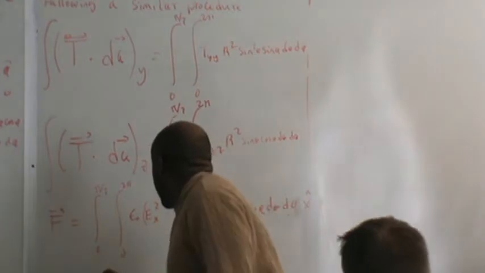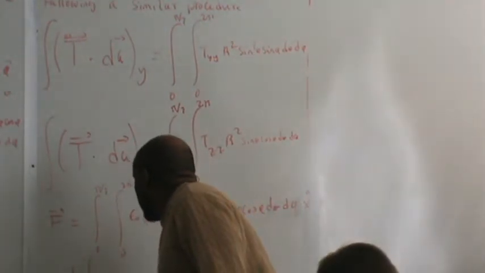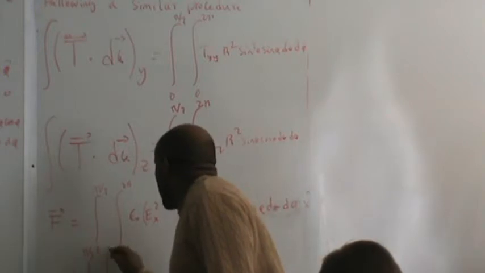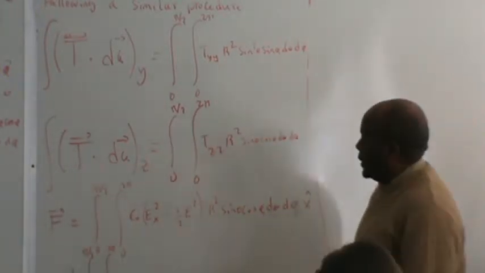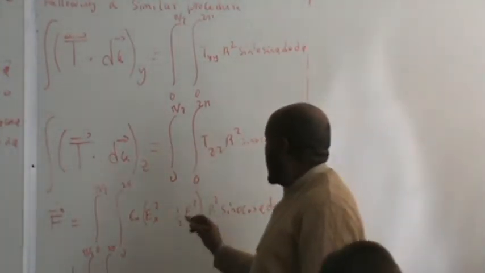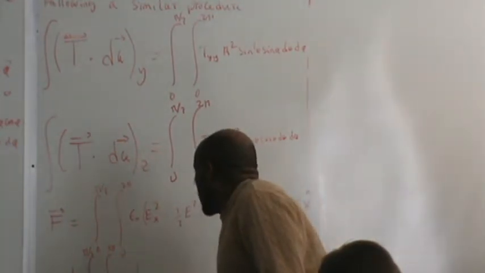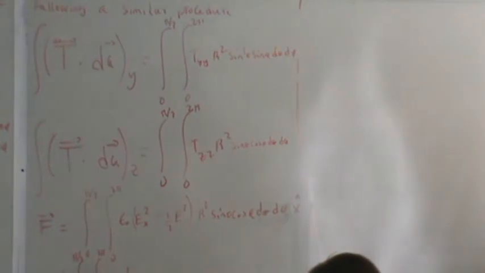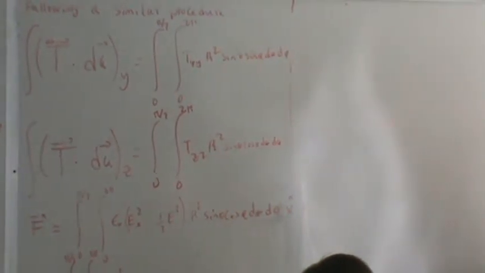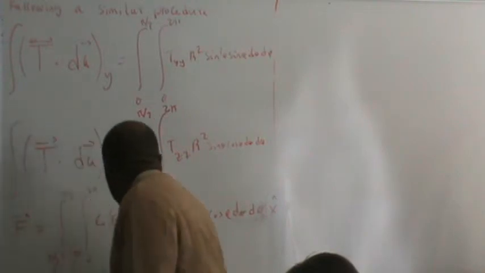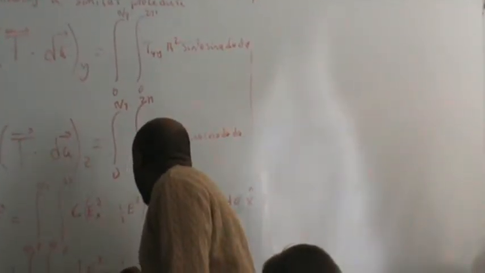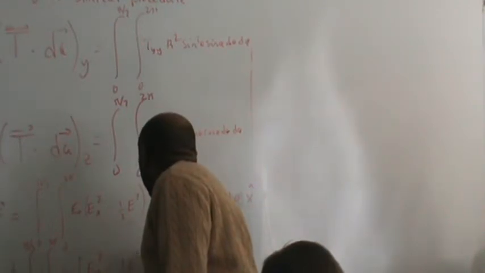That's going to be plus the integral from 0 to pi over 2, from 0 to 2 pi, epsilon naught, and Tyy according to the result that we have in here, we can write as Ey squared minus half of E squared.